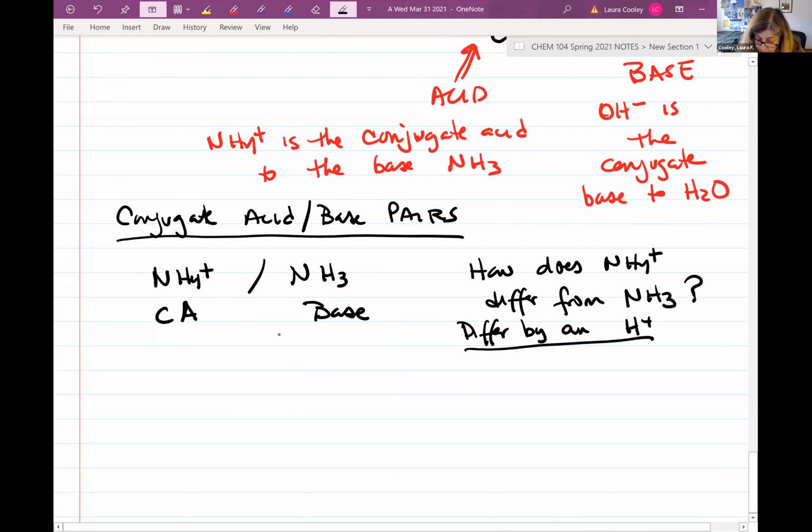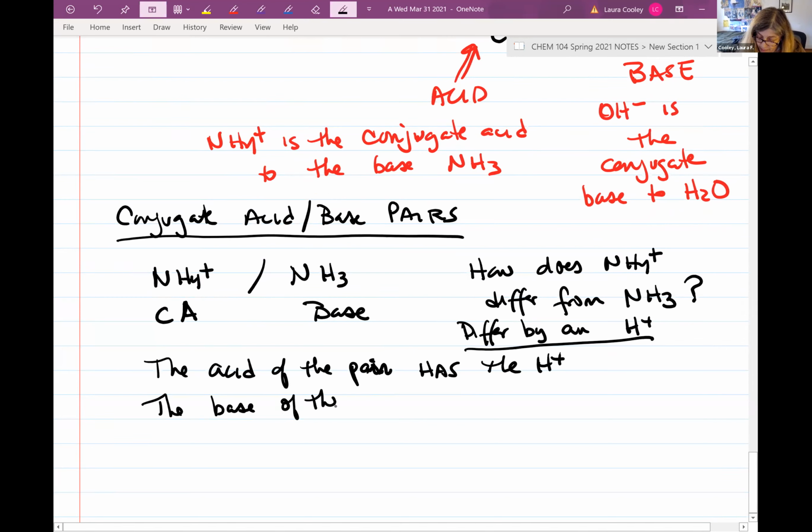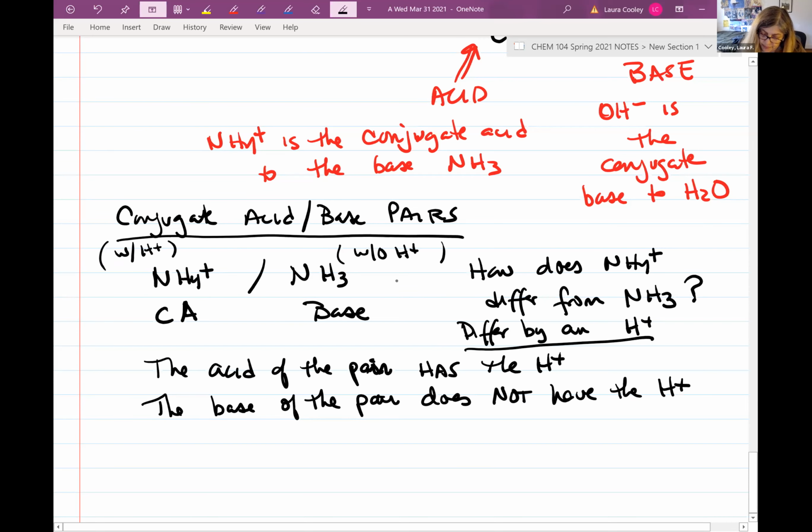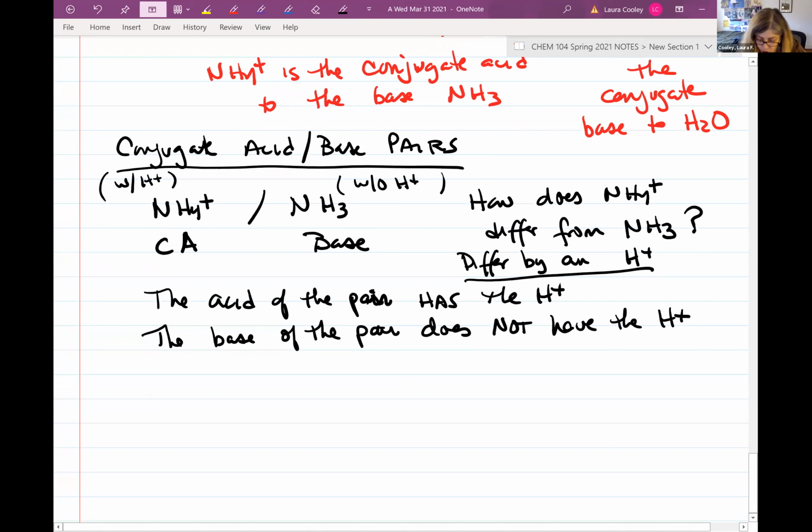The acid of the pair has the H+. The base of the pair does not have the H+. So this is without the H+, and this is with the H+. And the same is true if you think about water and OH-.